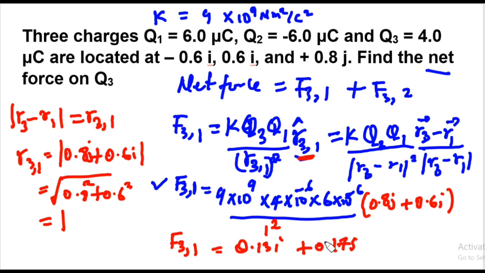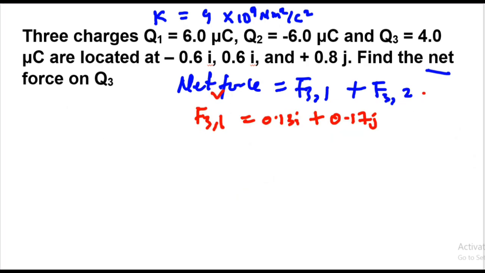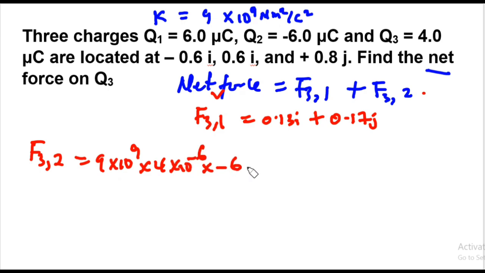So let us find now the force on charge Q3 due to Q2 before we find the net force. Similarly, following the process we had before, the force on 3 due to 2 will be 9 times 10 to the power 9 times 4 times 10 to the power minus 6 times minus 6 times 10 to the power minus 6, times 0.8j minus 0.6i.